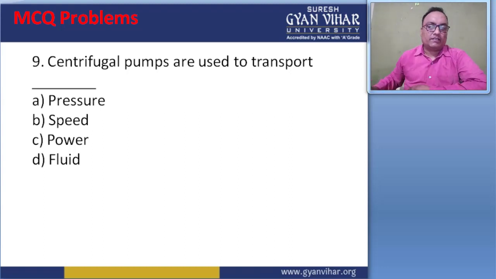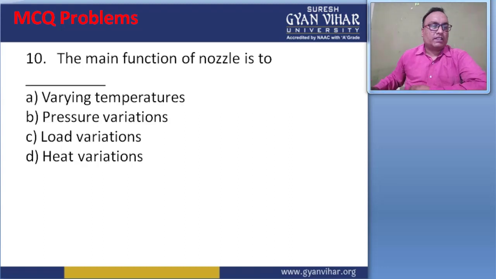So D is the correct answer. For the 10th and last question, the main function of a nozzle is temperature variation, pressure variation, load variation, or heat variation. The main function of the nozzle is pressure variation, so B is the right answer for this question.